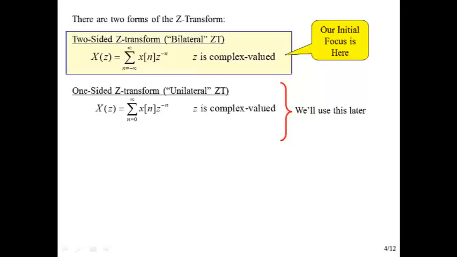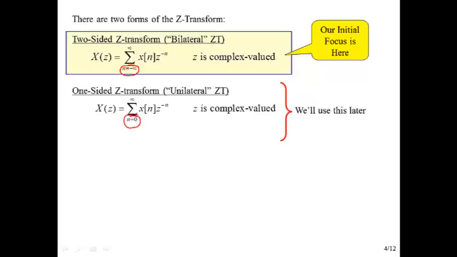Now, there is also the one-sided Z transform, also known as the unilateral Z transform, and there, instead of going from minus infinity, we start at n equal to 0. And we will use this later, but the main usefulness of this comes when we're analyzing a discrete time system that has some initial conditions, and we want to find out how the system behaves in response to an input, but also when there were some initial conditions on the system prior to applying that input.